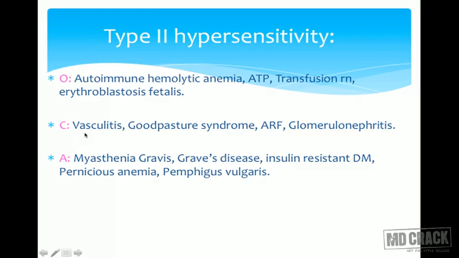Complement mediated are vasculitis, Goodpasture syndrome, acute renal failure, and various types of glomerulonephritis. All these things we will learn in detail in systemic pathology. The antibody mediated cellular dysfunction ones are myasthenia gravis, Graves' disease, insulin resistant diabetes mellitus, pernicious anemia, and pemphigus vulgaris.